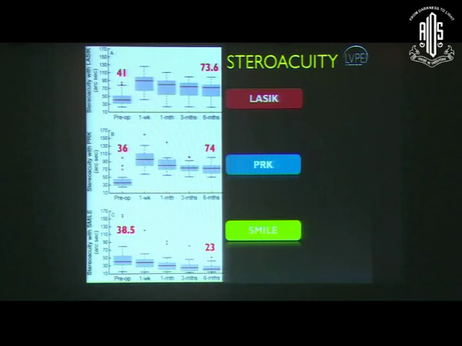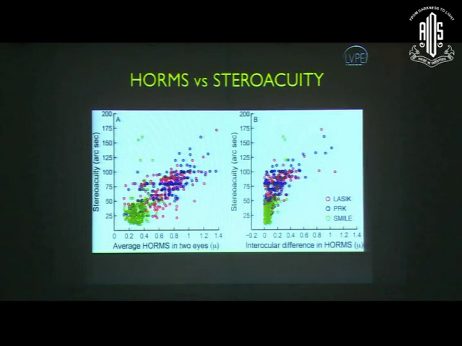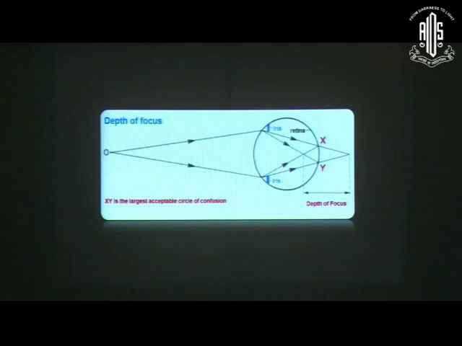But what was interesting to see was that when we measured stereopsis, and this was in patients who were treated to be completely emmetropic after surgery, stereopsis was much worse after surgery in the LASIK and the PRK group, but in the SMILE group, we found that the stereopsis is better. I'll talk about the reason why, if we have time later on, because what seems to happen is all these surgeries increase the amount of spherical aberrations in an eye.